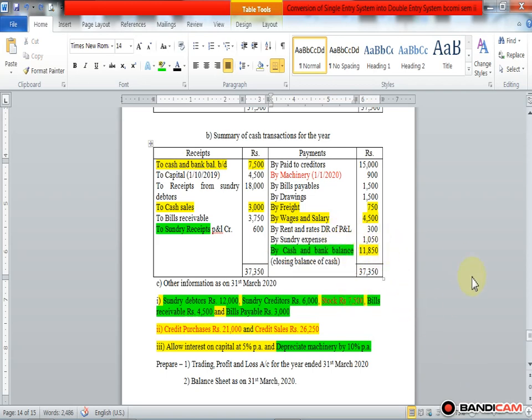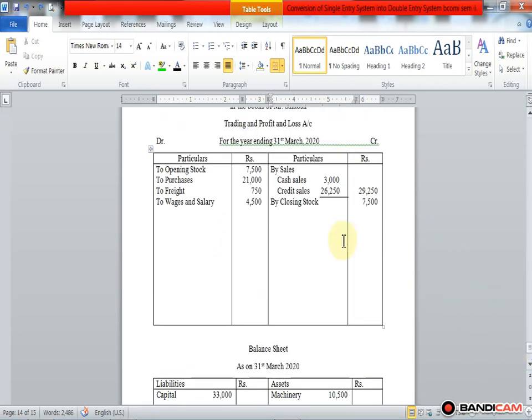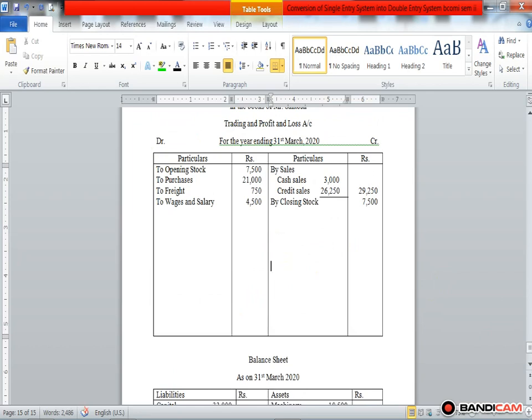So here we transfer this. By sundry receipts amounted to rupees 600.